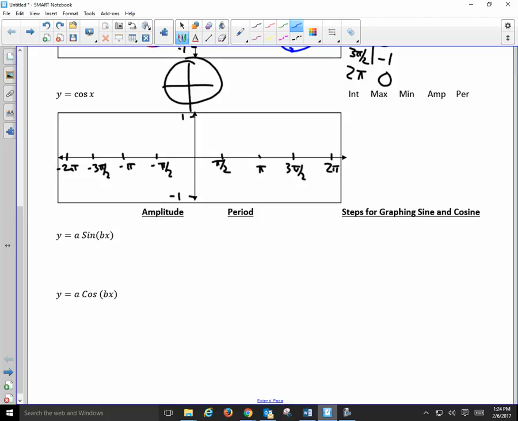If I have 0 degrees or 0 radians, what is the x value at 0? Think of your terminal point. Starts with a w, rhymes with un. 1. Good job.